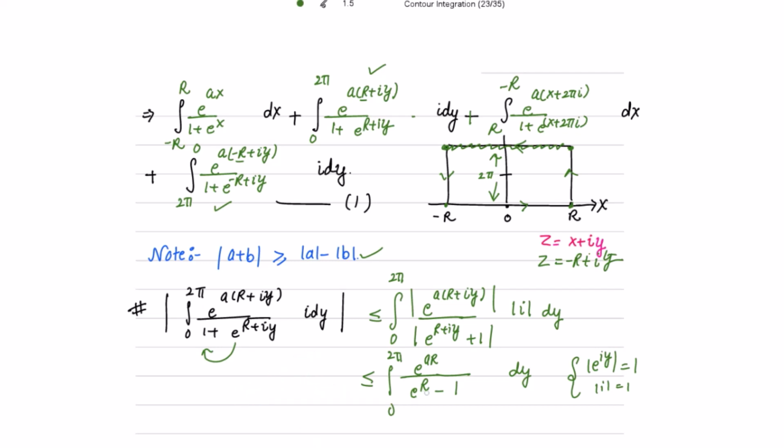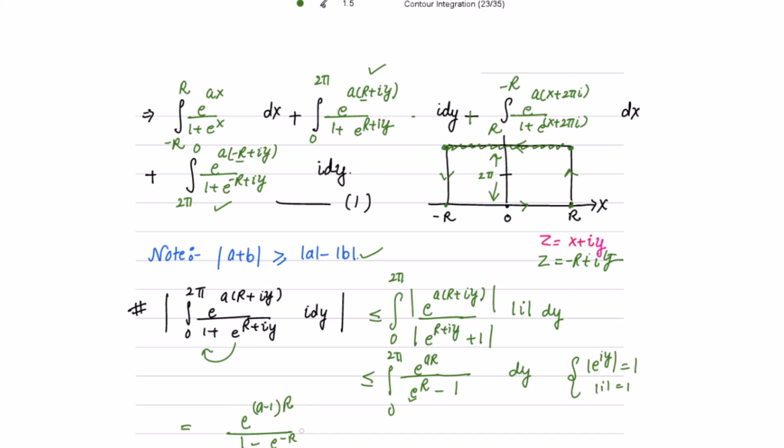Now taking this e to the power r common and taking this to the numerator, so this will become e to the power a, okay, this is just right. Okay, I will integrate later. So this is e to the power a minus 1 r over 1 minus e to the power minus r, because we have taken this common.